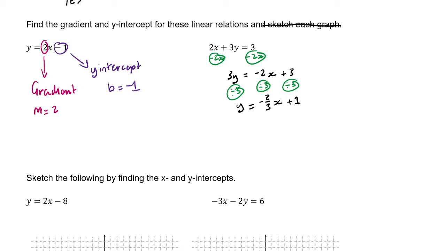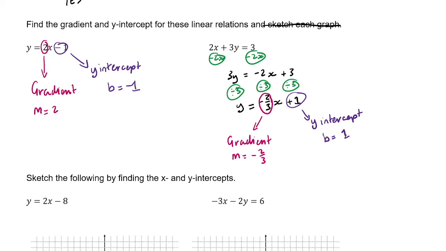So now our gradient is -2 over 3, and then our y-intercept is +1. Alright, so that's a very quick look at doing that particular one.